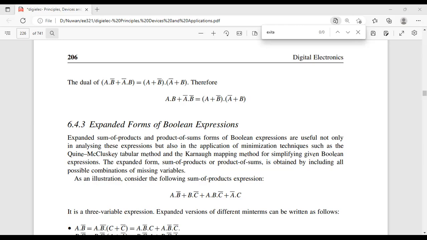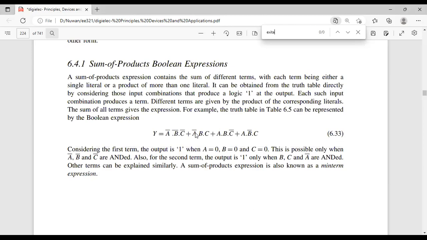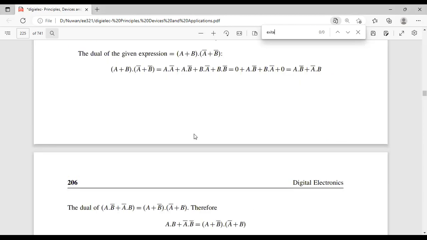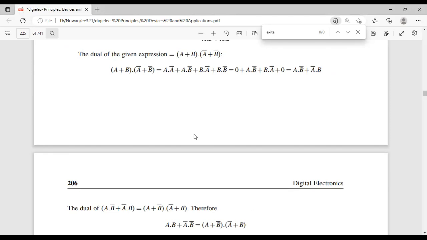Those are available in the reference book, and in Google also you can find the excitation table easily. So I will just explain how we are skipping. For example, let's say you are asked to design a counter.